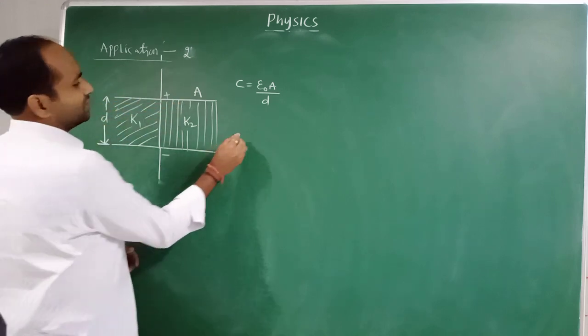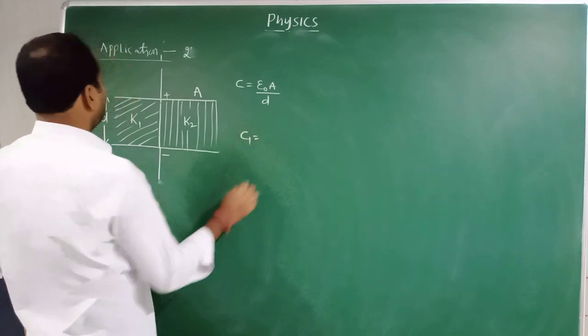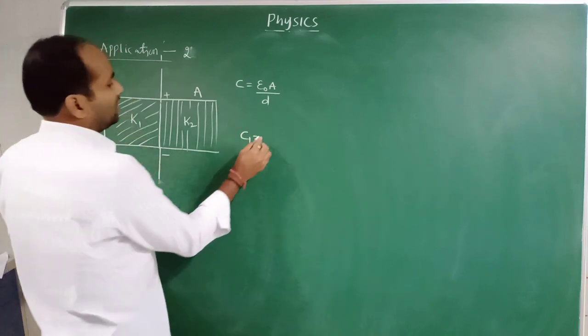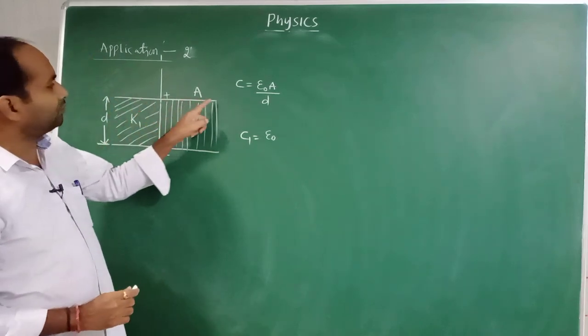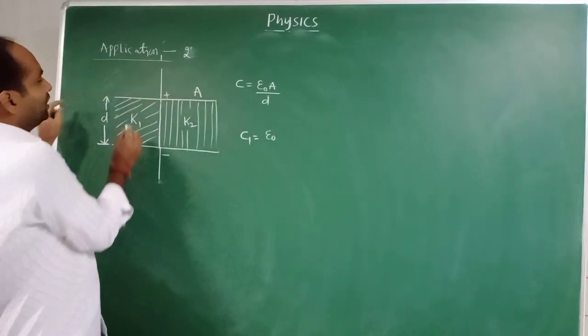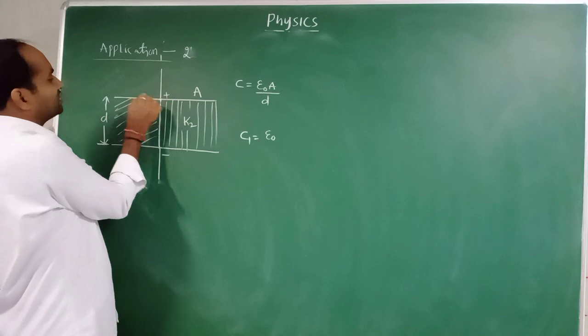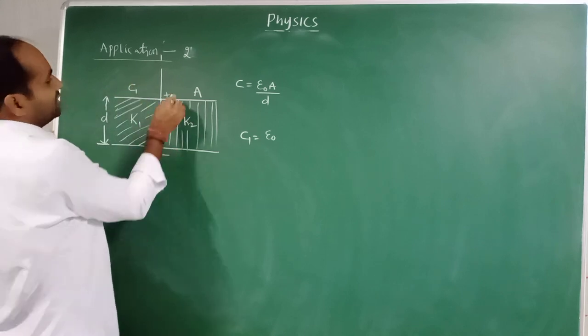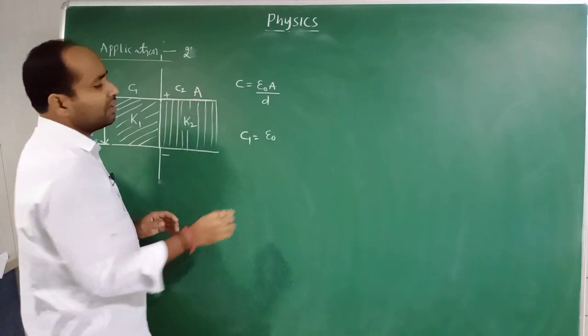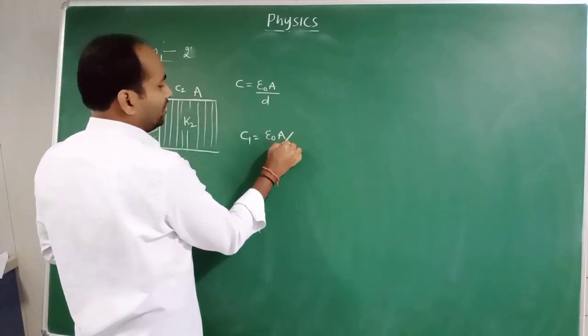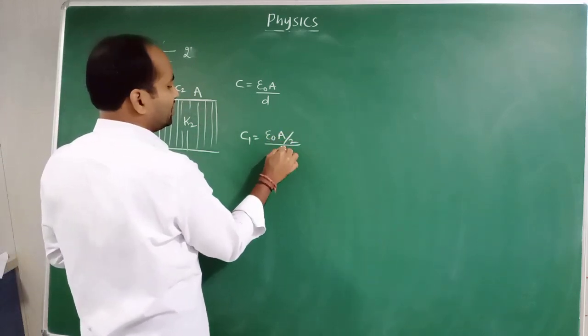Can we write it like this? C1 is equal to epsilon naught. Now what is the area? The total area from here to here is A. But here we have taken this as the first capacitor C1 and this as another capacitor C2. Now the area of each plate is half of the initial value, A by 2. Distance never changes, it is D.